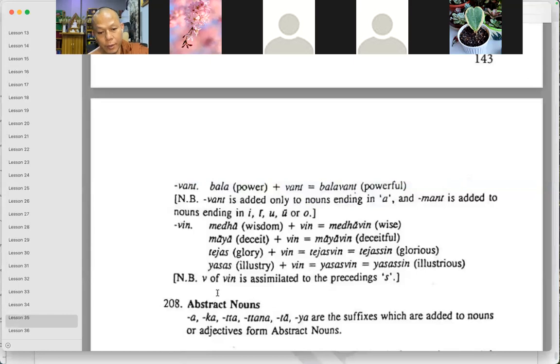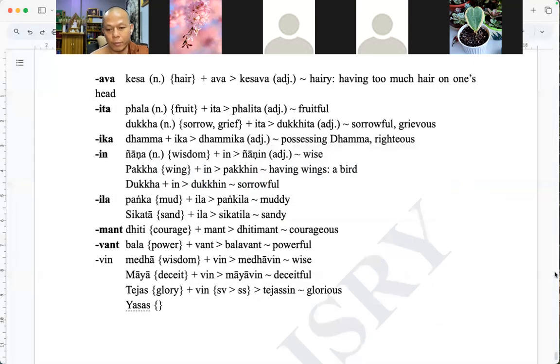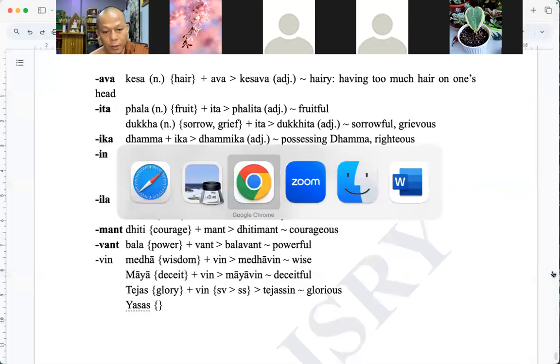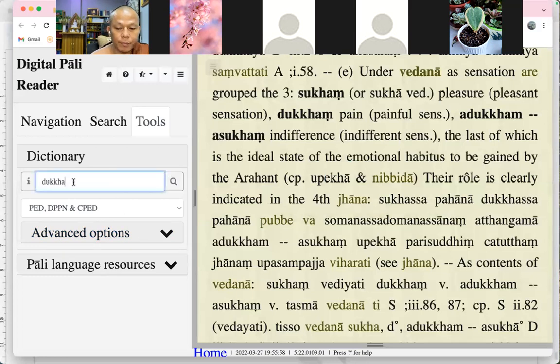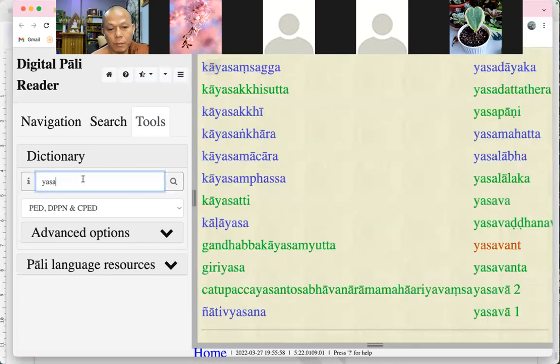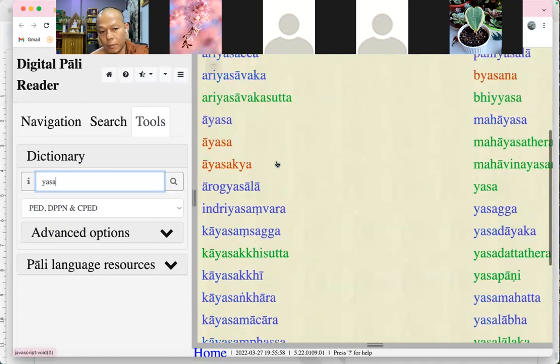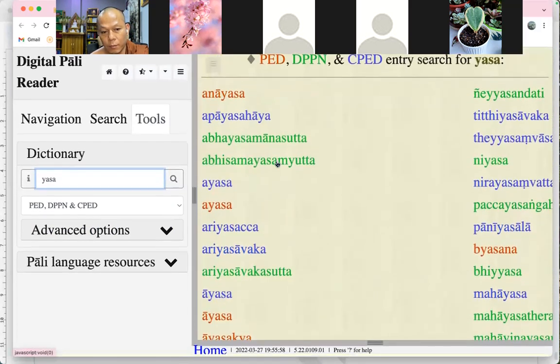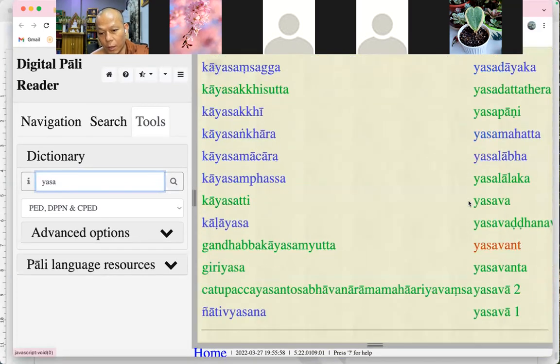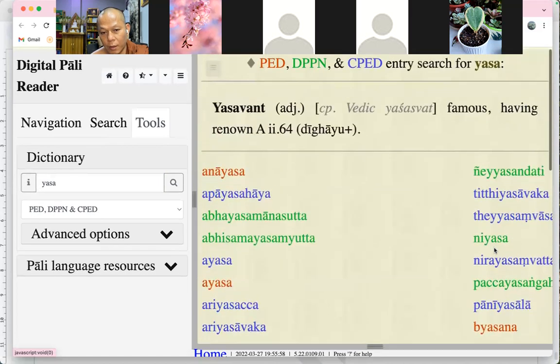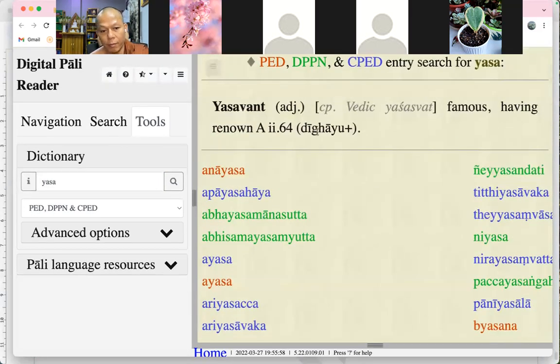Actually yasas is famous in the dictionary we can see. So actually yasavant, fame or famous or renowned.